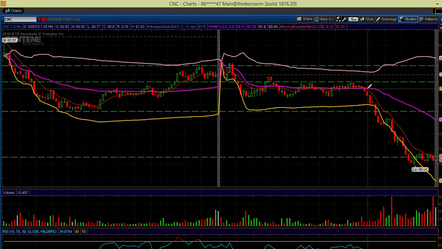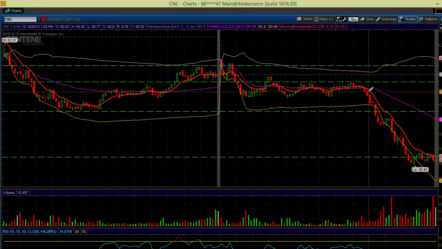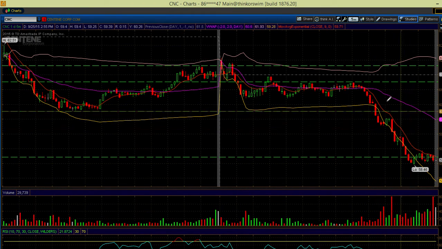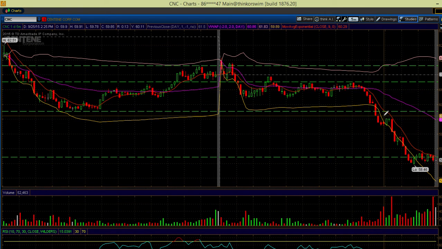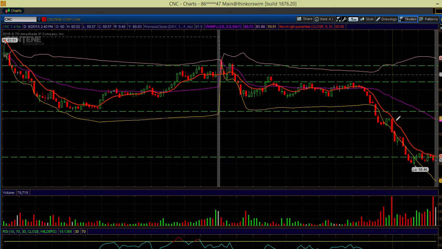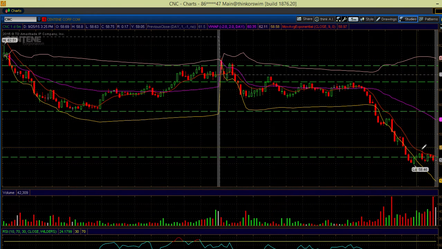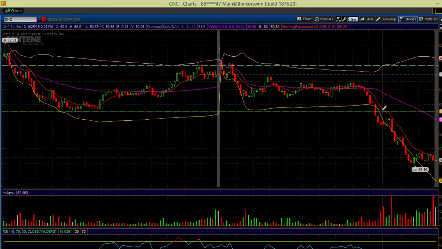And anytime this 9 crosses the VWAP, a lot of times you get some powerful moves down. So you've got double the amount of volume here. It's just what I've noticed. But this 9 becomes a very important piece to my puzzle.